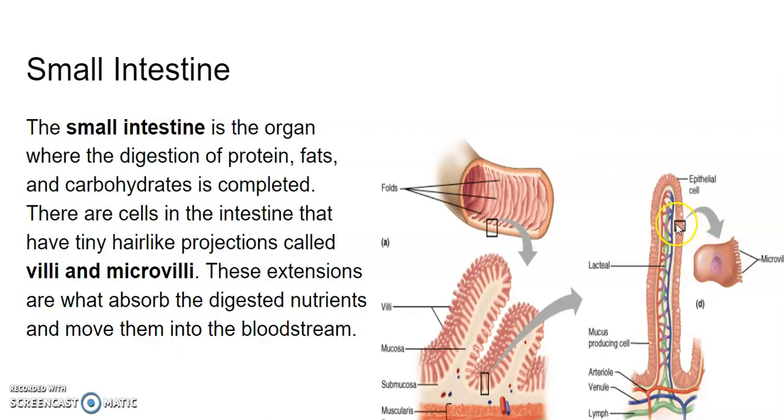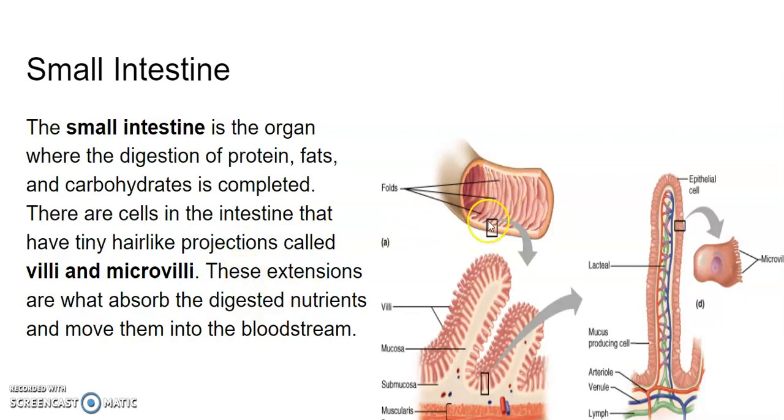So this is one cell right here. And this guy actually uses diffusion to grab these molecules and pull them into the bloodstream here. And the nutrients that are in your intestine get absorbed by all of these tiny little microvilli that sit on the villi itself. All right.